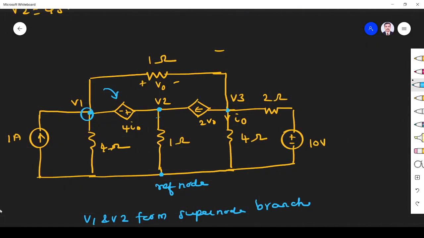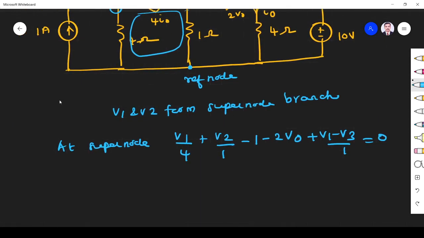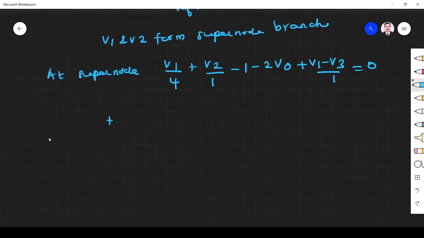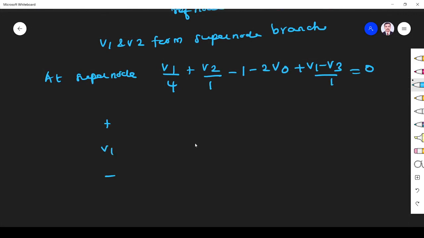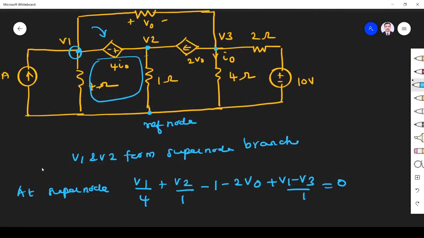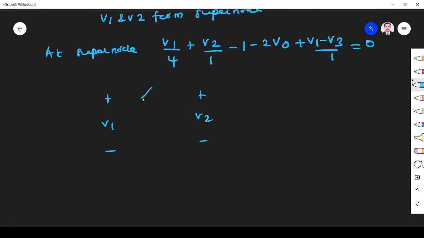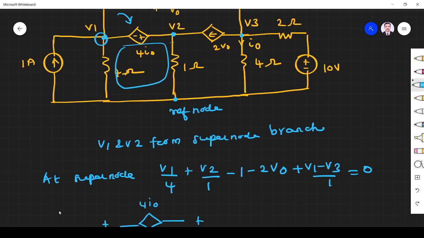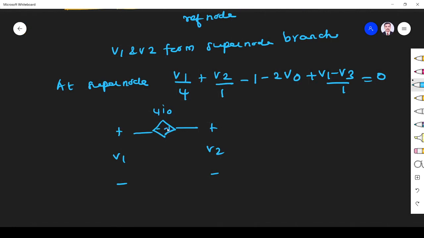Okay, so next, we have another non-supernode here, V3. But before that we apply KVL at the supernode branch. This is our supernode branch, V1 and V2, right? This is V1, this is V2. Here is the 4I0 dependent source, minus plus, minus plus.